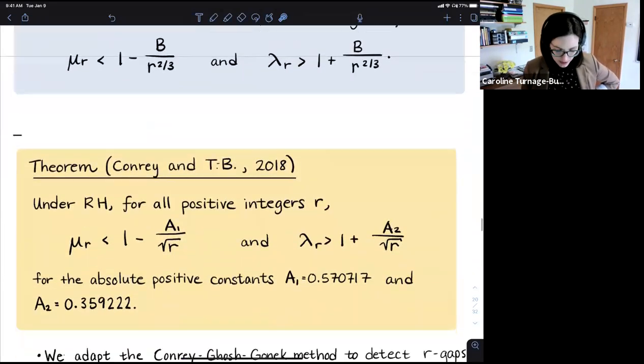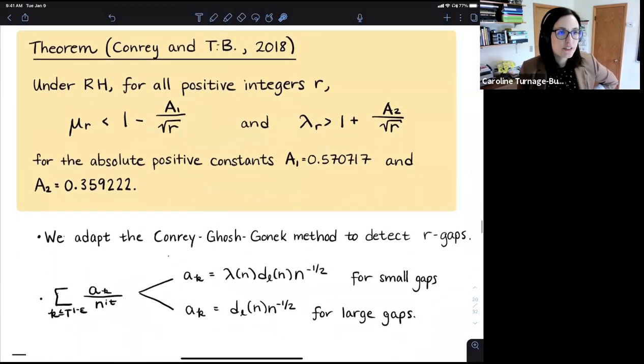So under the Riemann hypothesis, Conrey and I in 2018 gave a proof of Selberg's statement, for the conditional statement. And we found constants. We went ahead and worked that out. They can be strengthened if R is bigger.